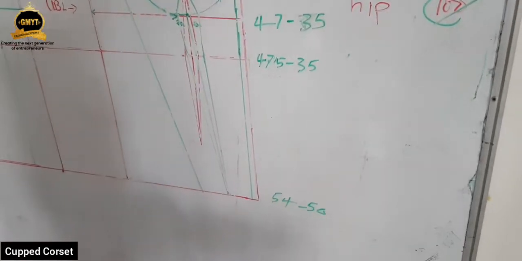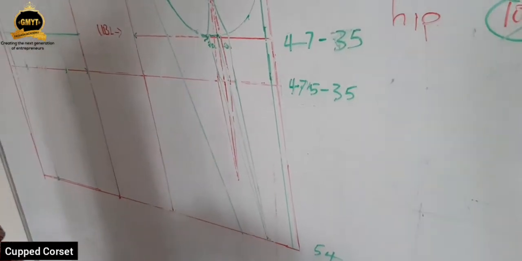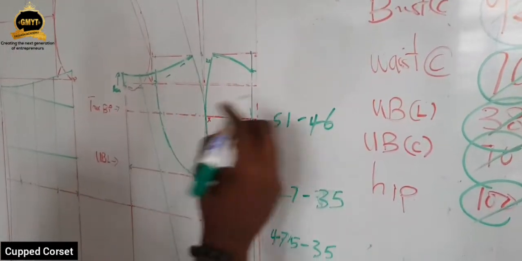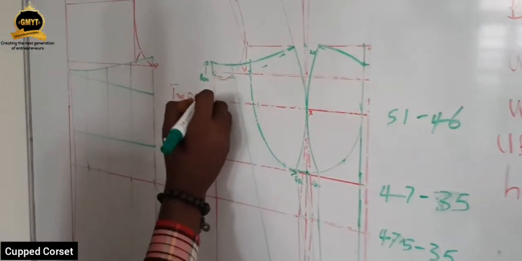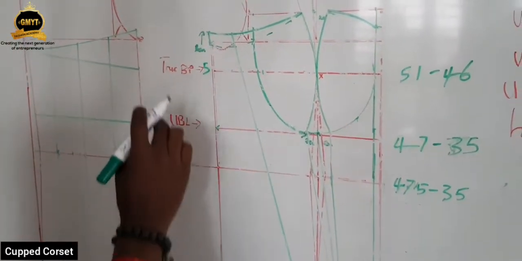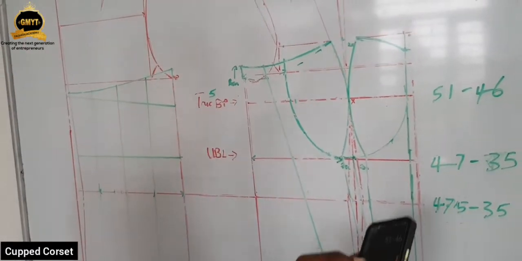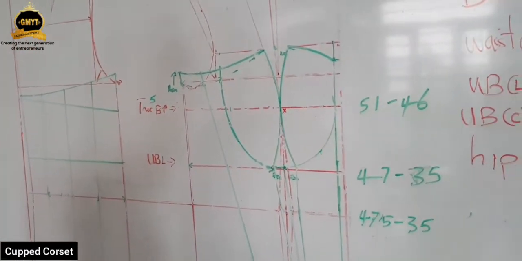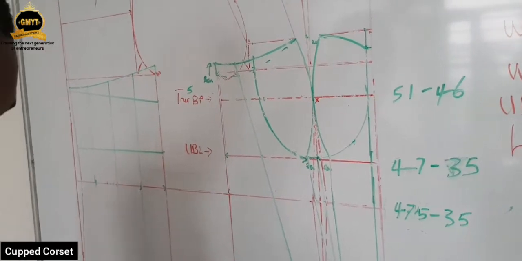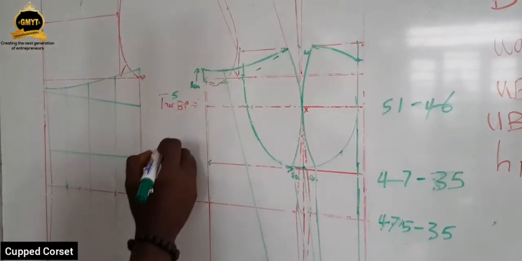So now let's do the subtraction. 51 minus 46. So that's 5 on this part. We have a difference of 5 on the bust area. On the under bust part, we have 47 minus 35. So we have 12.